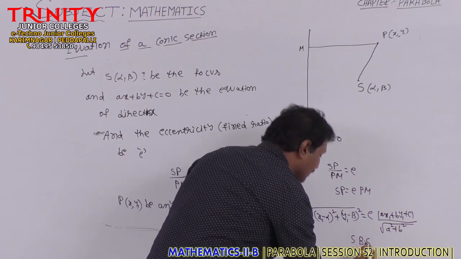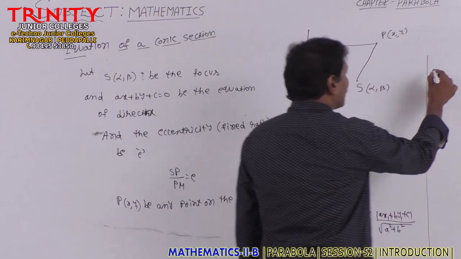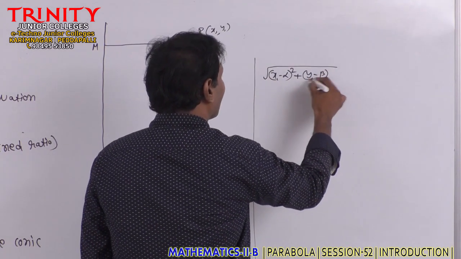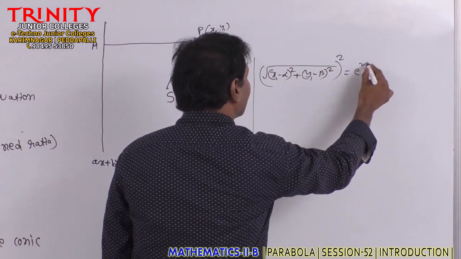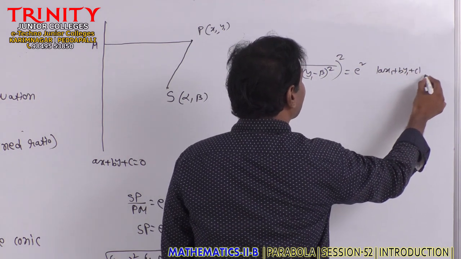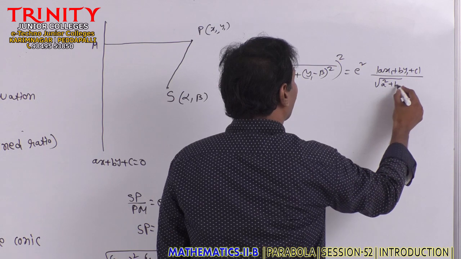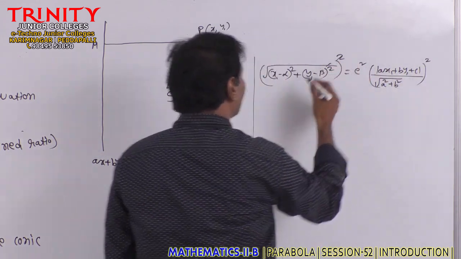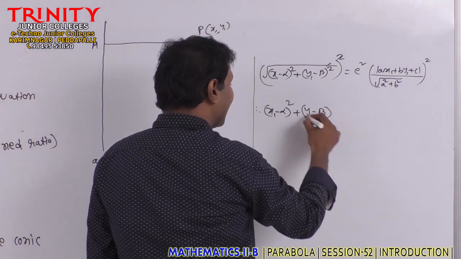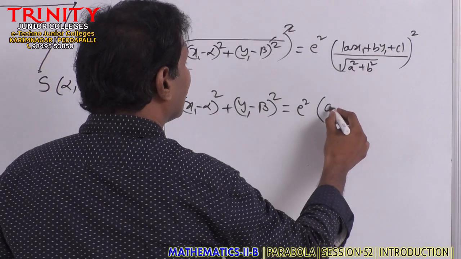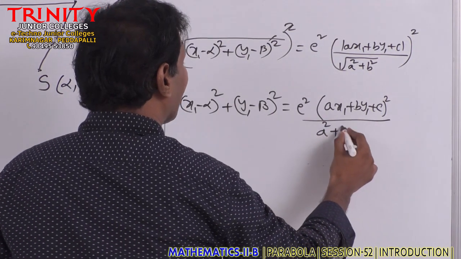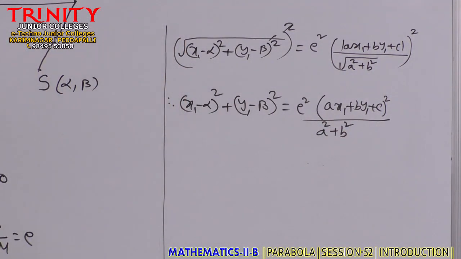Squaring on both sides, (x1 - alpha)^2 + (y1 - beta)^2 = e^2 times (ax1 + by1 + c)^2 by (a^2 + b^2). The square root is cancelled. This is the equation of the conic.